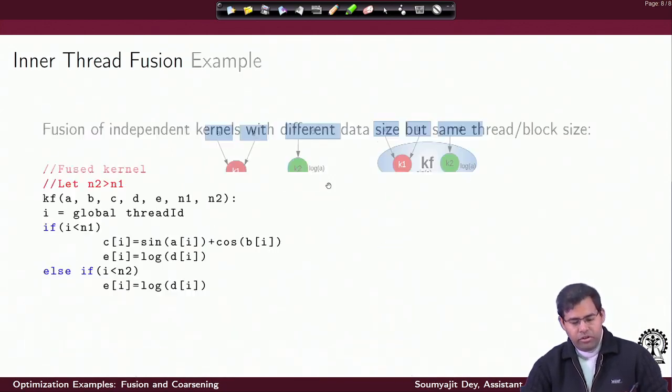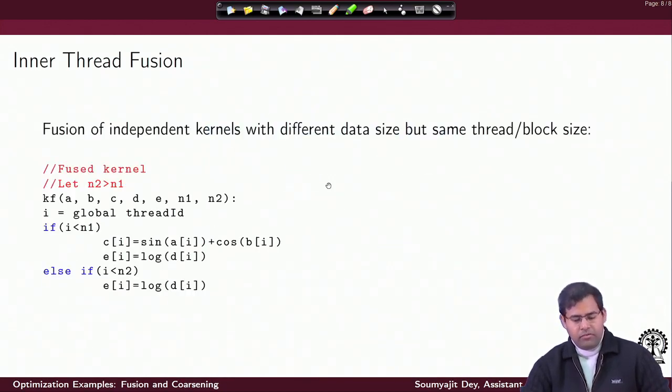The moment we introduced one difference, that is, okay, let the threads per block remain the same, but let there be more number of blocks so that there is a difference in the data size, that introduced one if-else statement to check whether I am inside the common blocks or I am in the blocks only relevant to K2.